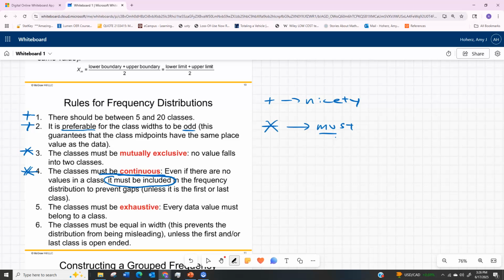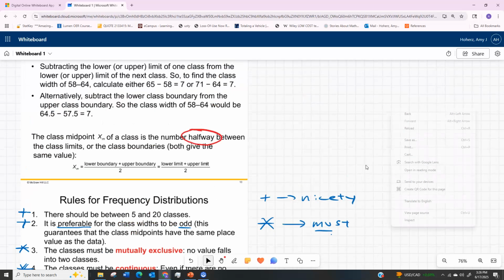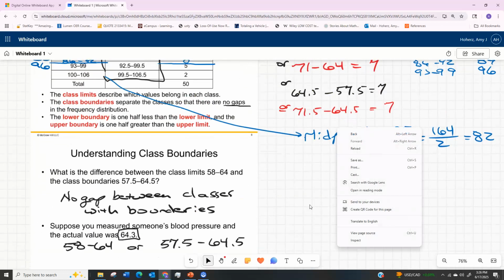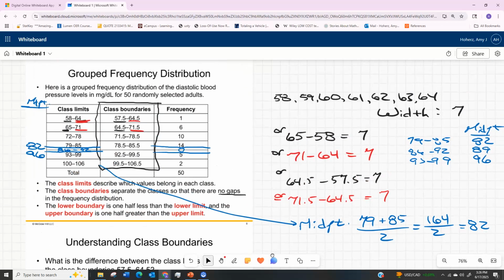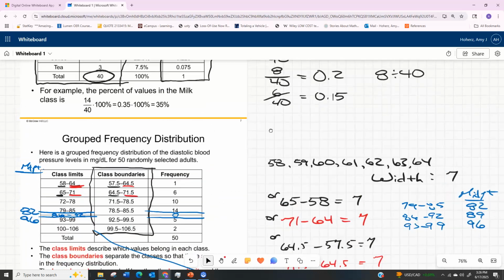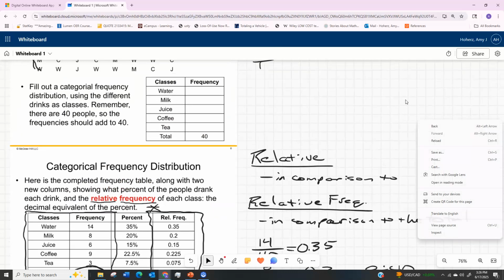And then the classes must be exhaustive, which means, and that's a must, every data value you have has to have someplace to go. So you can't have it stop short like on that other one with the ages. We couldn't have stopped at 90 and had no place for the person who was 92 to go. And that one was kind of interesting. Let's go back up and look at that one. So remember, our highest value for this one was for the people's ages.